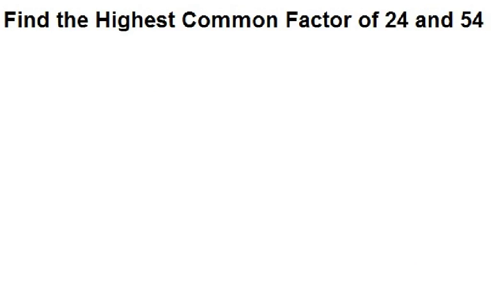Okay. Find the highest common factor of 24 and 54. Well, the first thing we're going to need to do is find the prime decomposition of both of these numbers. We've already worked out that 24 is 2 cubed times 3. So we just need to work out the prime decomposition of 54.